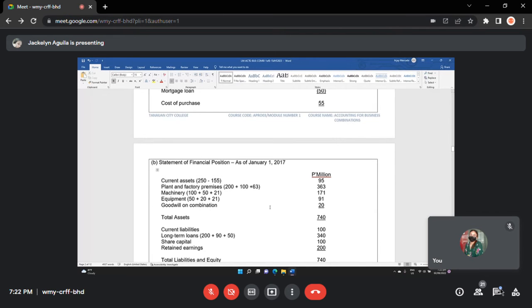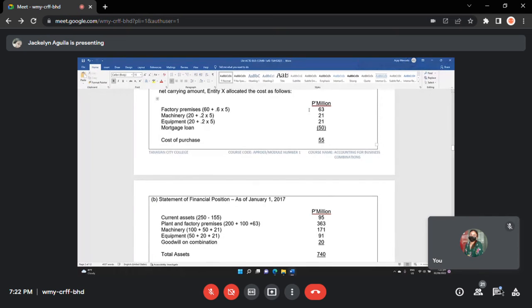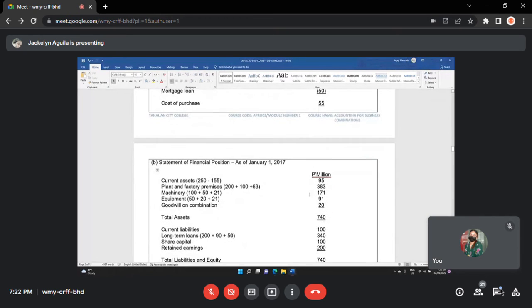Kaya nakuha yung 363. Yung machinery naman po 100 yun po yung machinery sa 2016 financial position. Tapos yung 50 naman po yun yung machinery sa A company plus 21 dito po. Kaya po nakuha yung 171.